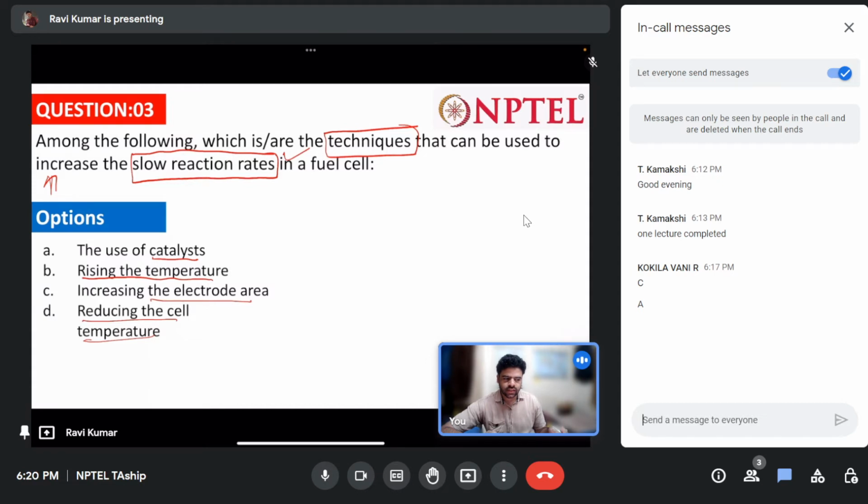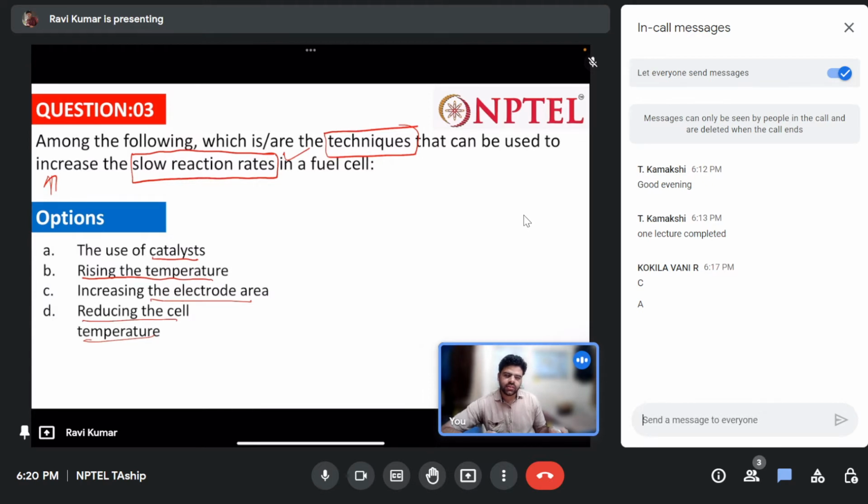Which one is correct? No idea? Okay, these are the two things which you need to think.